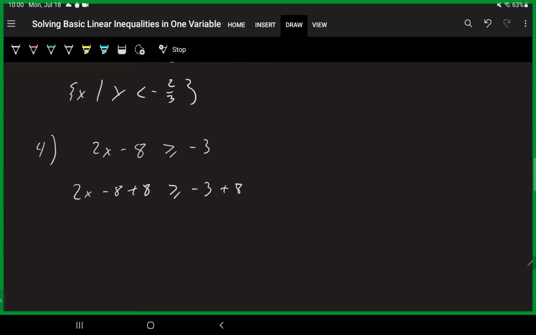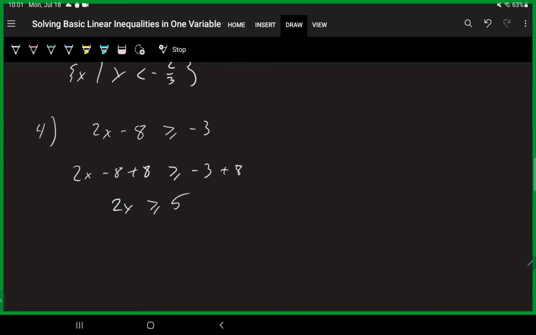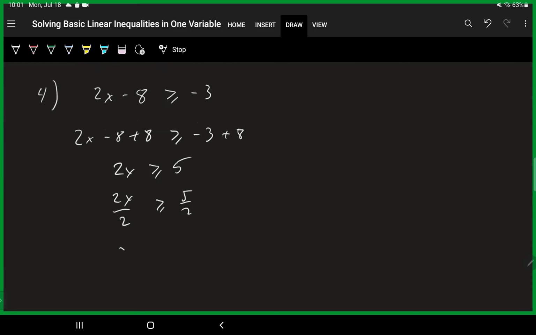I did not change my inequality symbol because I was adding. Adding, subtracting doesn't care. It always stays the same. 2x is bigger than or equal to 5. And dividing both sides by 2, 2x over 2 is bigger than or equal to 5 over 2. And x is bigger than or equal to 5 halves.